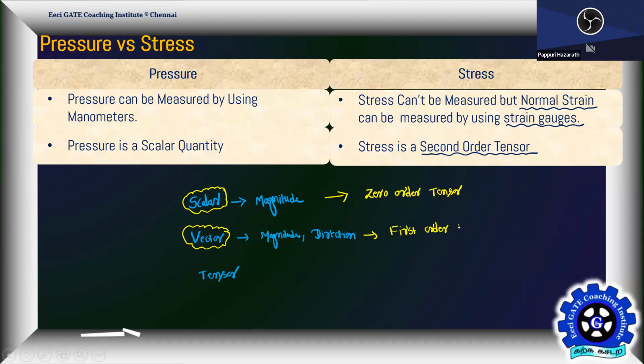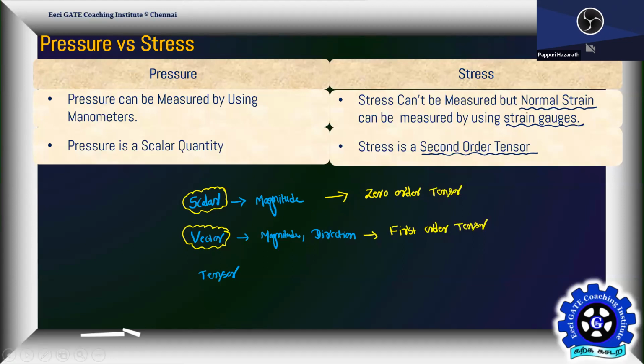Scalar is also a tensor, but a zero order tensor. In zero order tensor, only magnitude is sufficient. In first order tensor, both magnitude and directions are required.